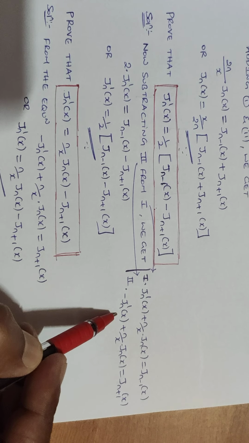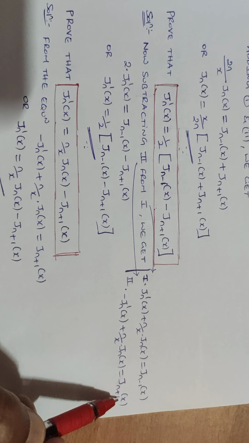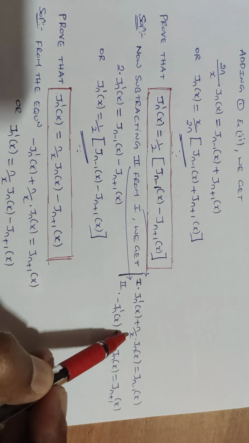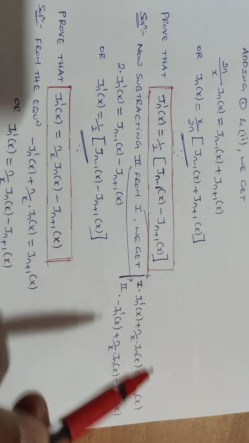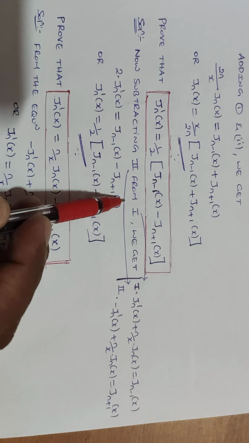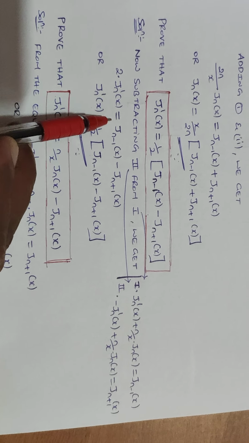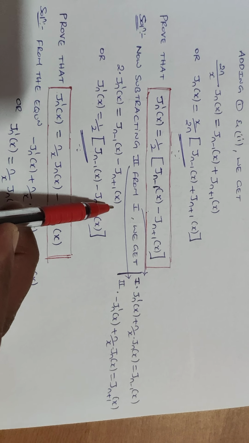Minus Jn dash of x plus n divided by x into Jn of x, which is equal to Jn plus 1 of x. What is equation 1? Jn dash of x plus n by x into Jn of x, which is equal to Jn minus 1 of x. Now on subtracting 2 from 1, we get 2 times Jn dash of x, which is equal to Jn minus 1 of x minus Jn plus 1 of x.